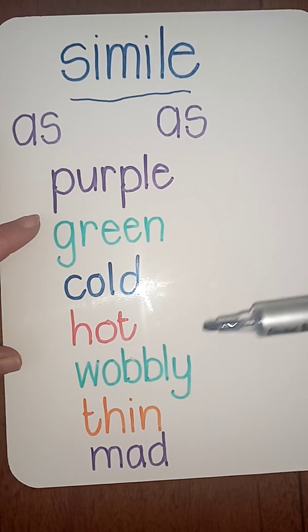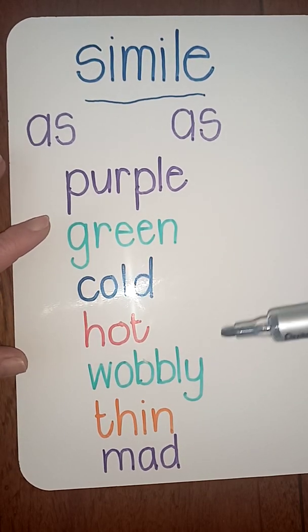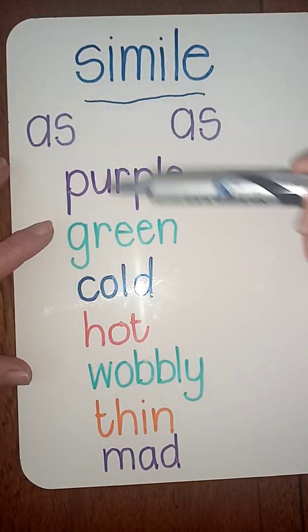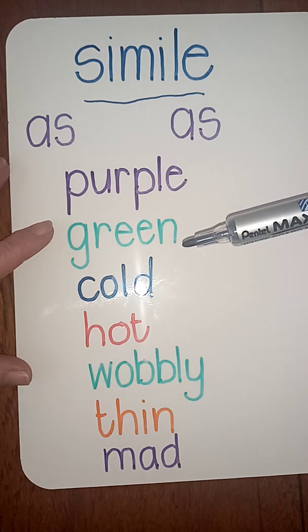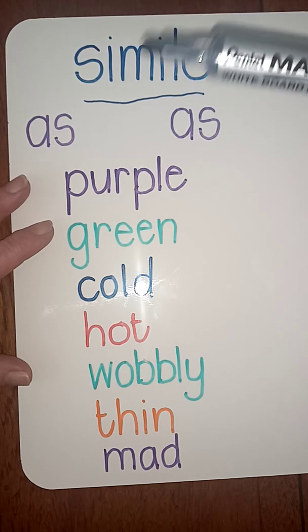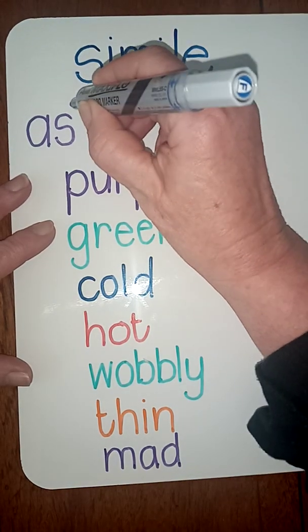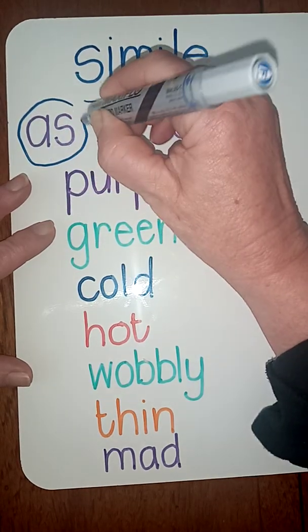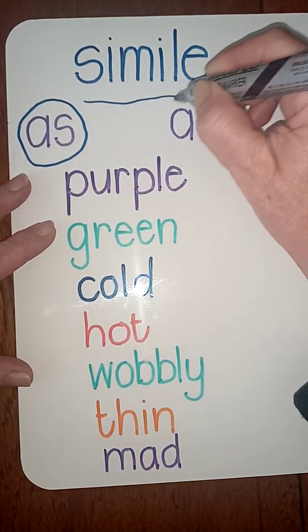So the way we use them in English is to describe something with something else that is similar to that thing. So we use these two words, as and as.